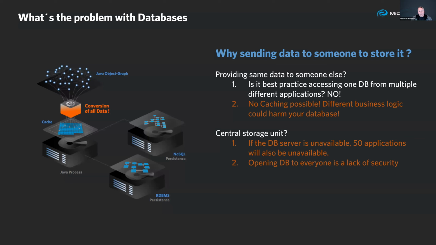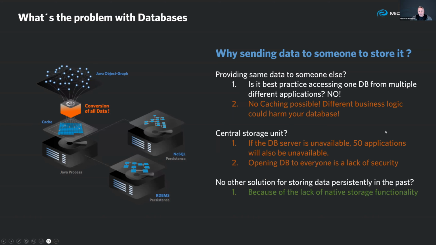So it could be possible that the database is a central storage unit, but if this is the best solution, I don't know. Maybe there are different, better solutions for that.